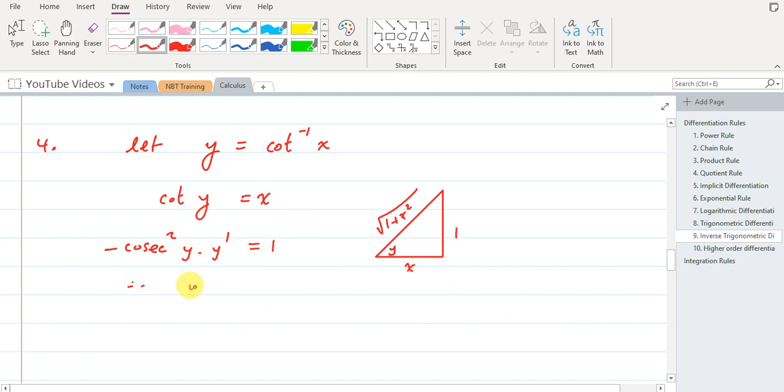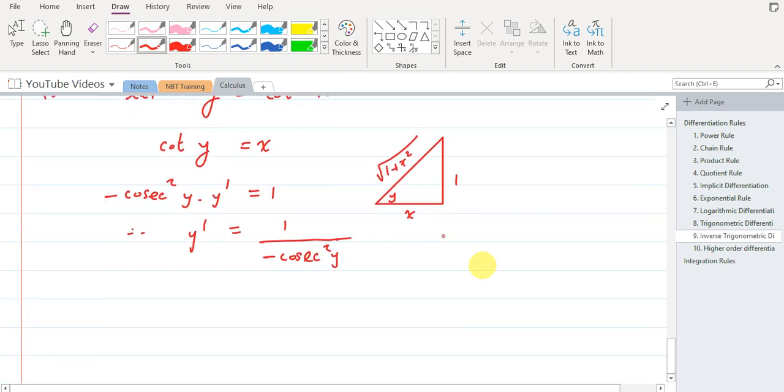Therefore y prime is now equal to 1 over negative cosec squared y. Now cosec squared y: sine is opposite over hypotenuse, so cosec will be hypotenuse over opposite.